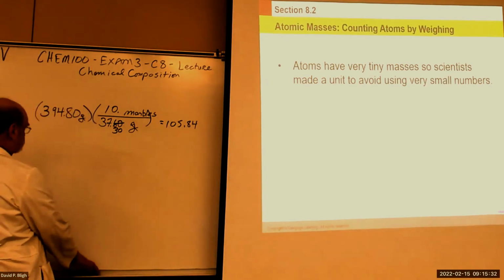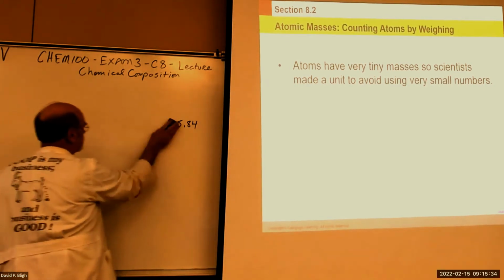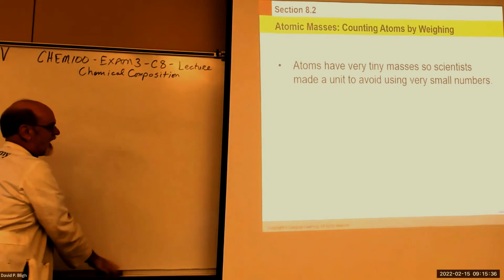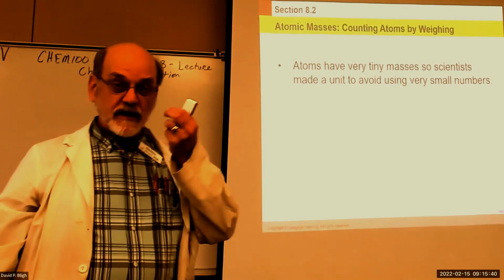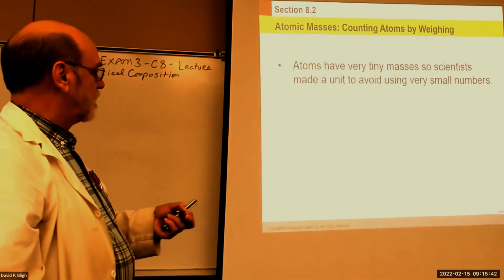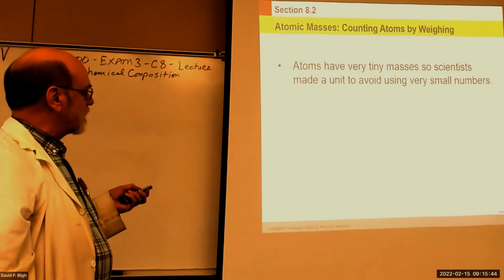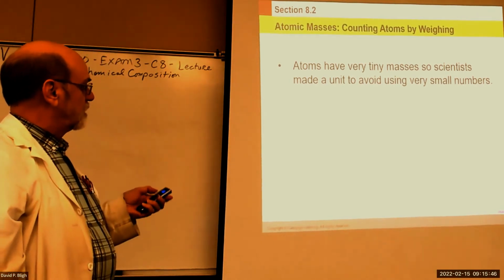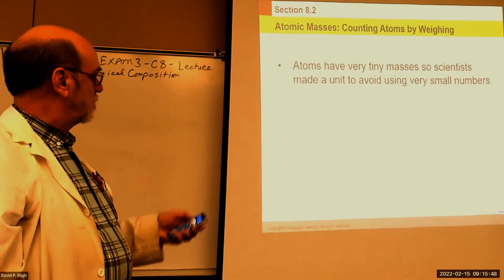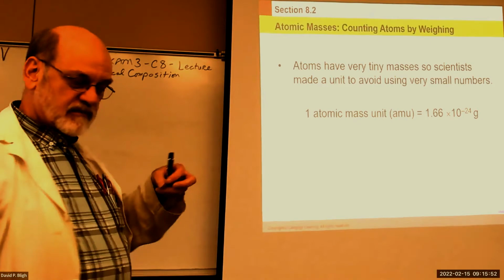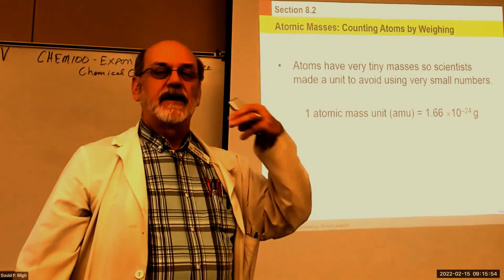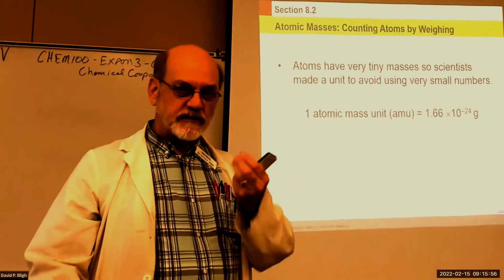Okay. So because atoms are so small and they have such very small masses per atom, science has come up with a unit for addressing the mass of an atom in terms of this unit of measure.